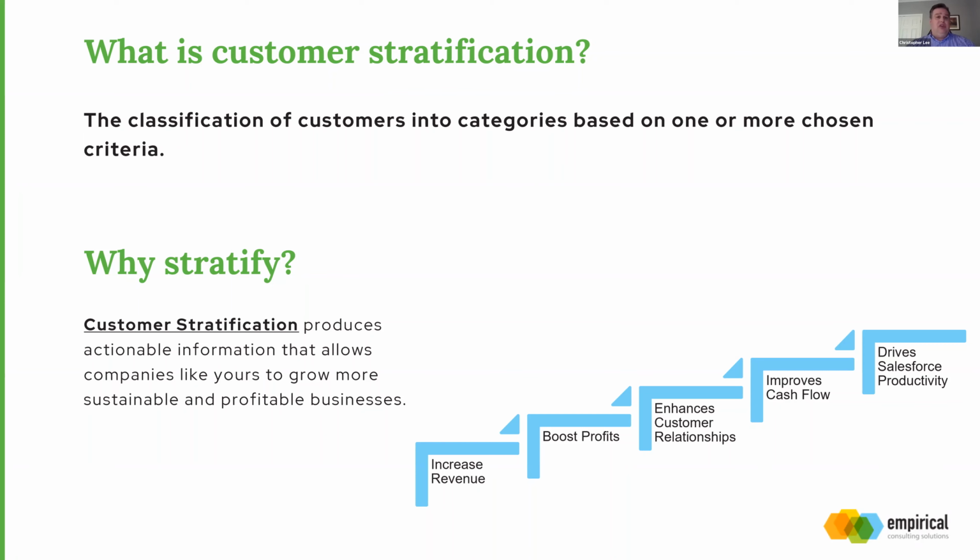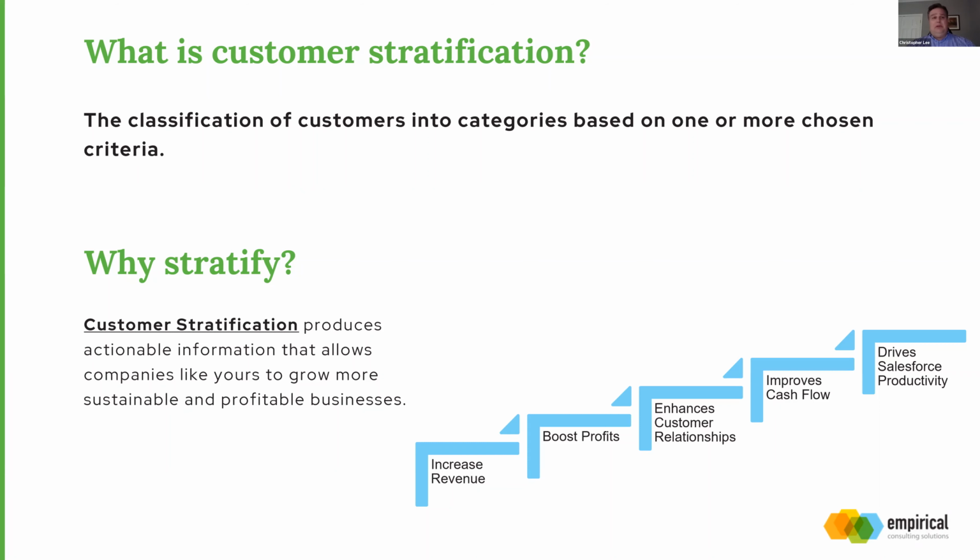Customer stratification reviews your customer base using a set of objective, fact-based metrics. The analysis allows you to focus sales and marketing efforts on those customers who promise the greatest upside potential. In our experience, companies have found that intentional, targeted sales and marketing efforts made possible by customer stratification analysis often lead to a significant increase in revenues and boost profits.